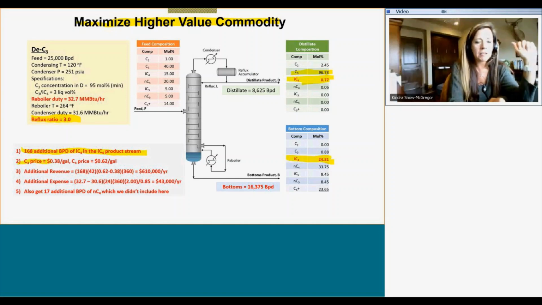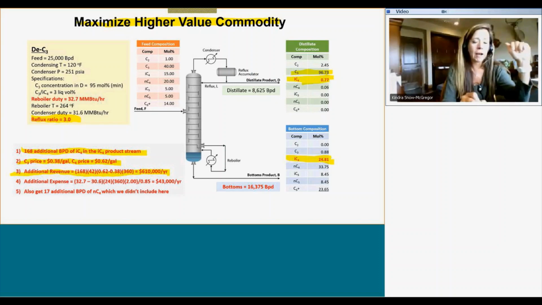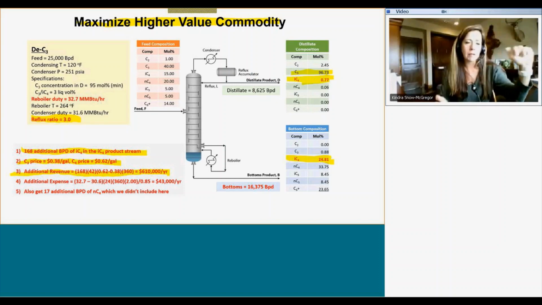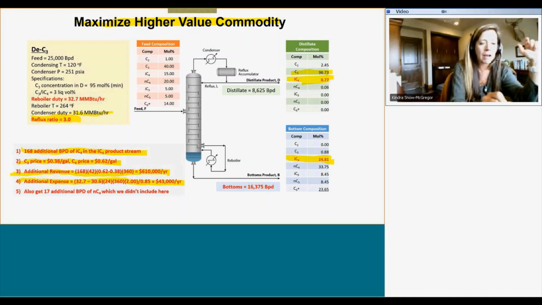And you can see here's the commodity values. My propane price is roughly 38 cents a gallon. My butane price is 62 cents a gallon. And so the additional revenue that I can make over the course of a year would be $610,000 simply by running a higher reflux ratio to maximize my higher value commodity. There is a cost associated with that because remember, I have to pay for this higher reboiler duty here.